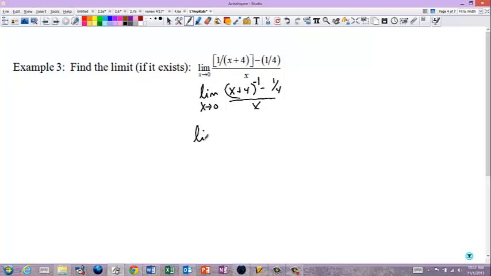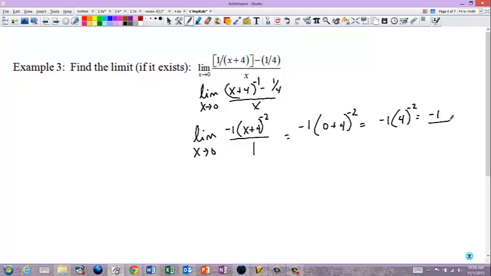So if I take the derivative, negative 1 times x plus 4 to the negative 2 over 1. And then I fill in my 0. That's negative 1 times 0 plus 4 to the negative 2, which is negative 1 over 4 squared, which is negative 1/16, which is what I would have gotten if I'd worked it all the way out.